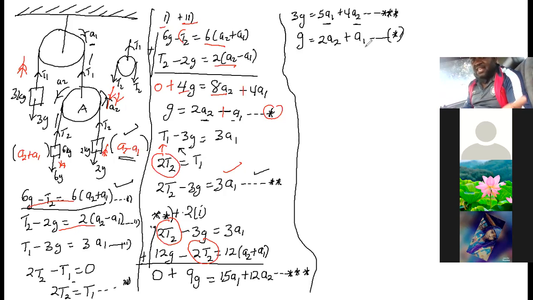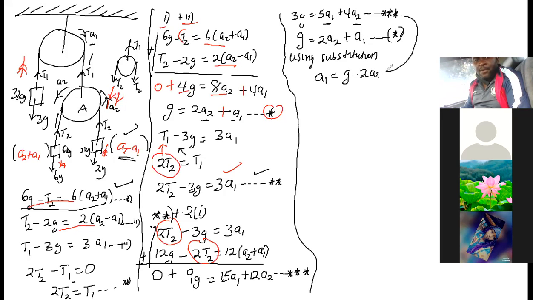If you call for elimination, it means you multiply star by 4 to eliminate A1, or by 5 and this one by 2. So the best I can see is substitution. Since I've already shown you elimination, using substitution, A1 is equal to G minus 2A2.